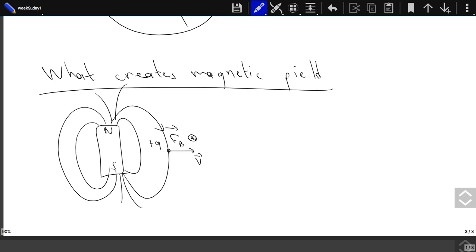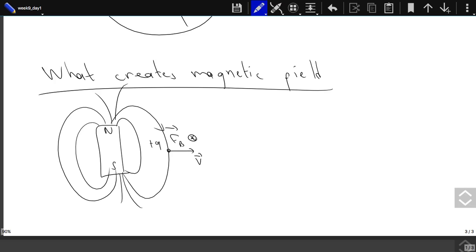Okay, let's remember Newton's third law, action-reaction pairs. So if the magnet is exerting a force F onto this charge, if Newton's third law is correct, then this charge should be exerting a force on the magnet. Well, we know that the magnet feels a force due to a magnetic field. So the only way that this charge will be exerting a force on the magnet will be if this charge creates a magnetic field.